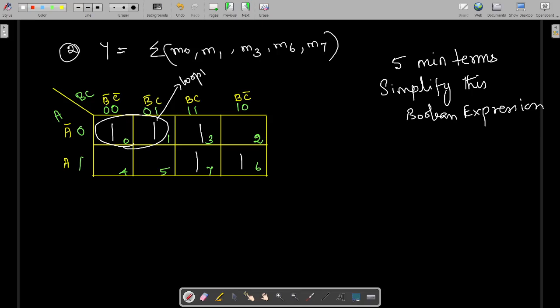This is my loop 2. Then I combine this, so that is my loop 3. So I have 3 loops possible.